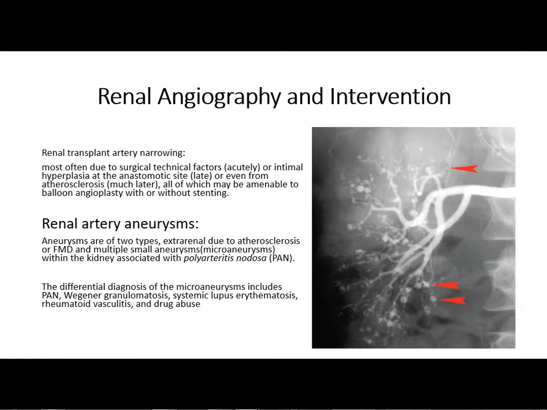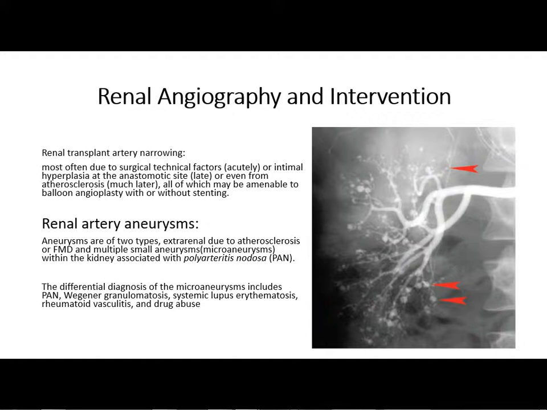Renal transplant artery narrowing is most often due to surgical technique factors acutely, or intimal hyperplasia at the anastomotic site late, or even from atherosclerosis much later, all of which may be amenable to balloon angioplasty with or without stenting.